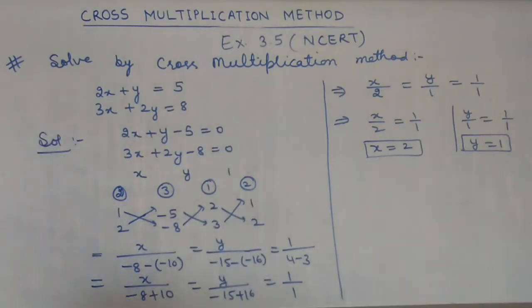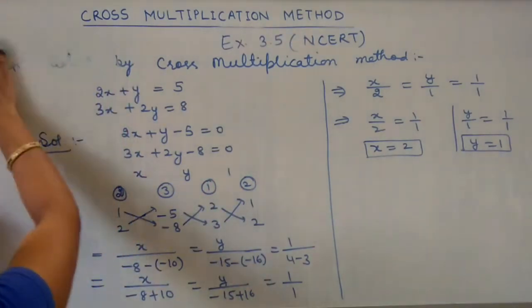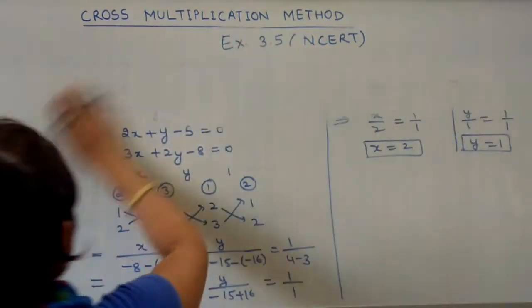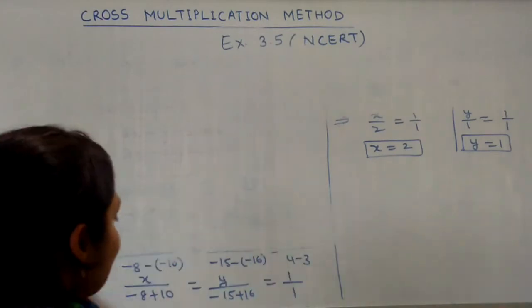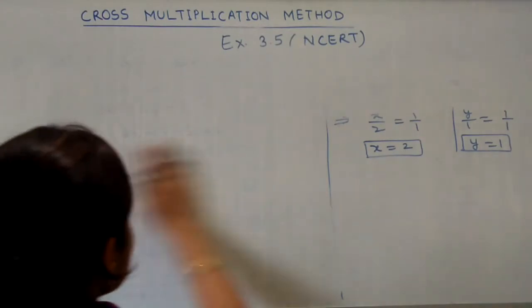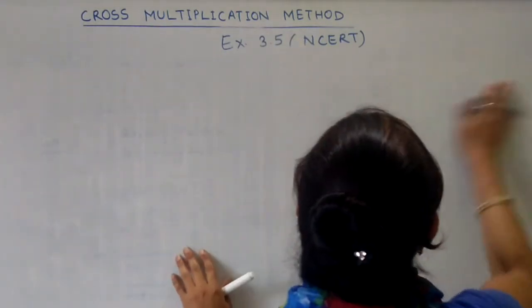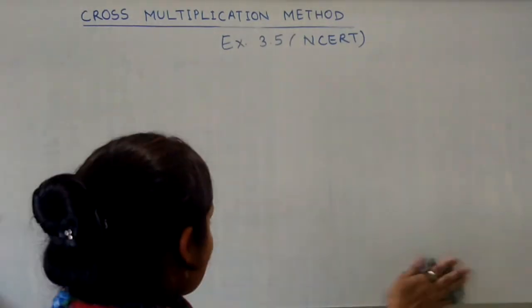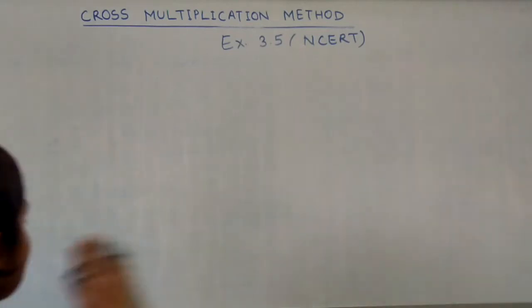I will take question number 2, in which we have to find the value of a and b. So how can we find the value? If the system has infinite solutions, one condition is given to you, and you have to find the value of a and b using that condition.